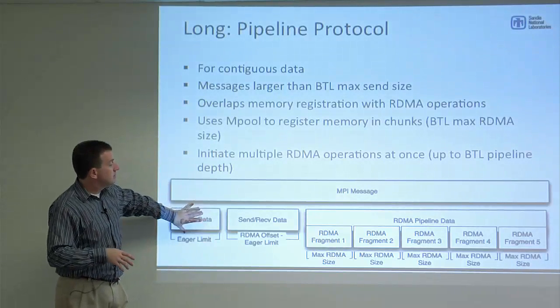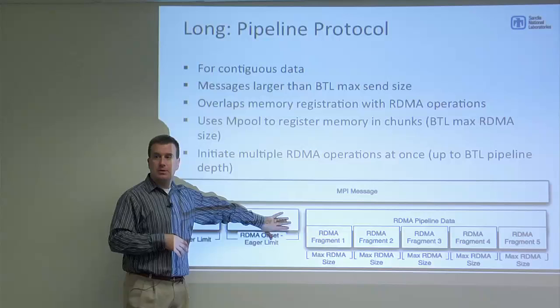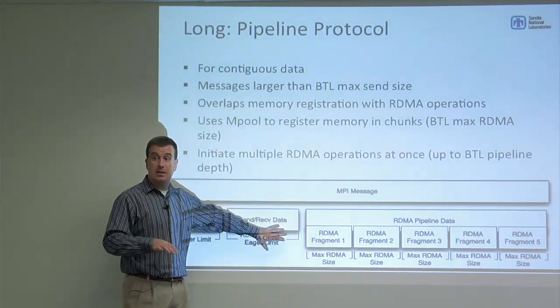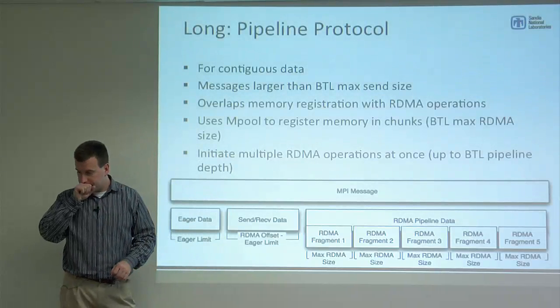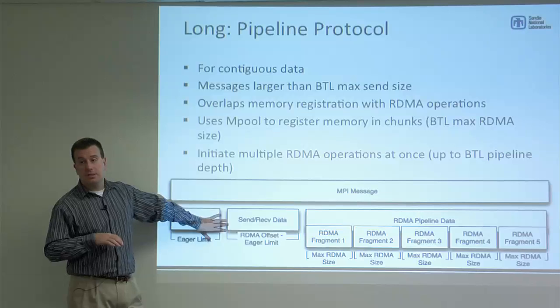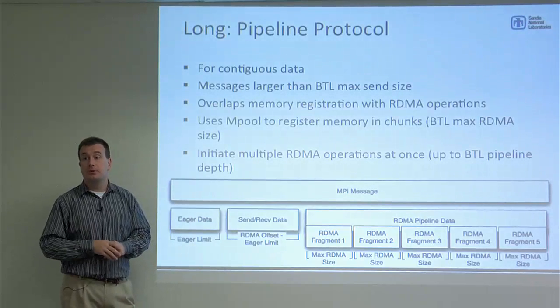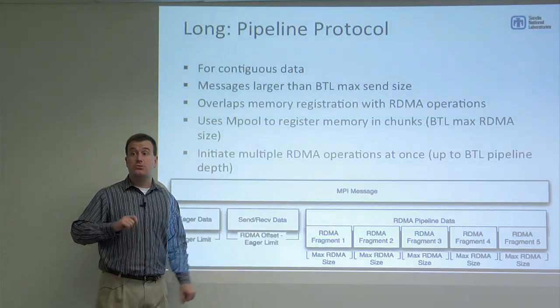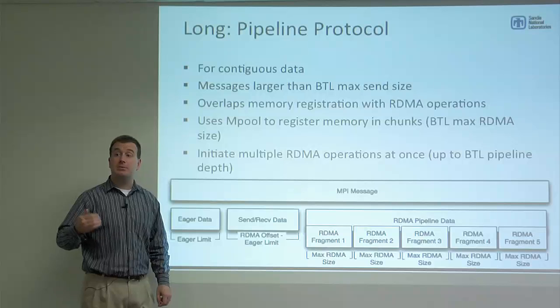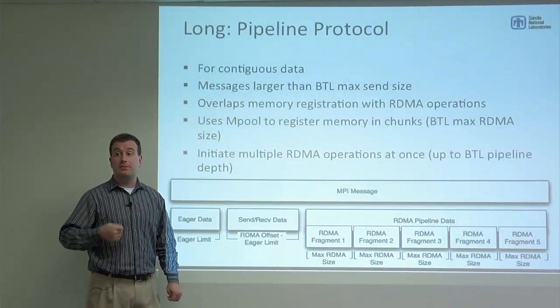And we start with some eager data that we're going to send through the BTL send interface, that's using these pre-registered memory pools that we created at the beginning of time, and therefore are fairly quick. Maybe a little lower peak bandwidth, but we can get them started really fast.